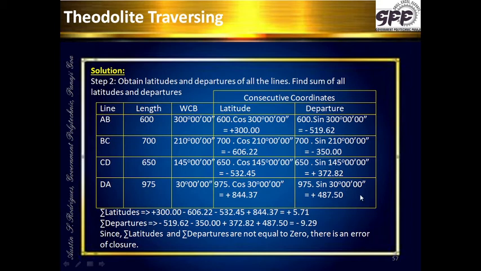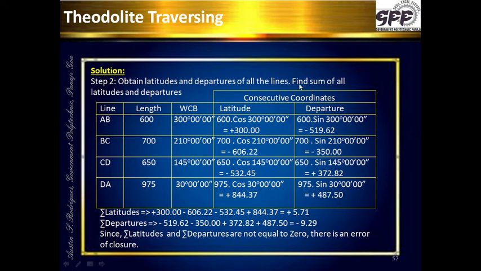And the departure is 975 into sine of 30. 975 is the length, 30 is the angle. 975 into sine of 30 gives me 487.5 with a plus sign, which tells me that the departure is towards the east, so it's an easting of 487.50.